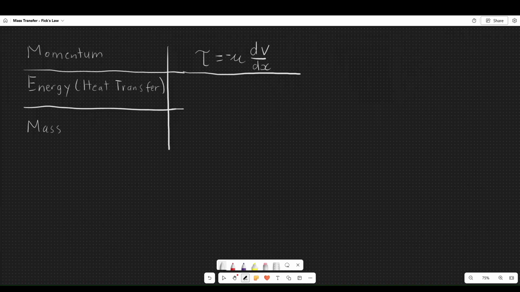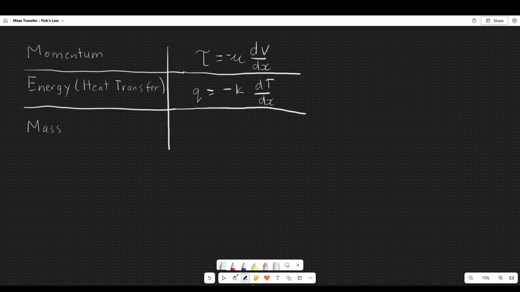We have something very similar in Fourier's first law for heat transfer, where the heat flux, Q, is equivalent to negative k dT dx. K is the thermal conductivity, and this is the temperature gradient.